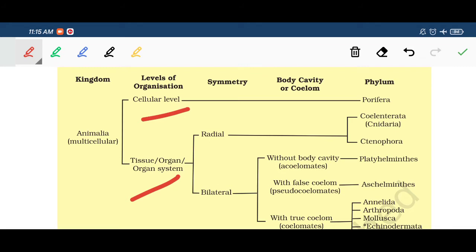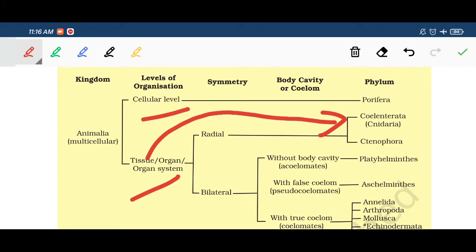Then coming to the tissue, organ and organ system level of organization, and then symmetry: radial symmetry and tissue level of organization. Here, only the tissue level of organization is present, and organ and organ system are not there in coelenterates and ctenophores.